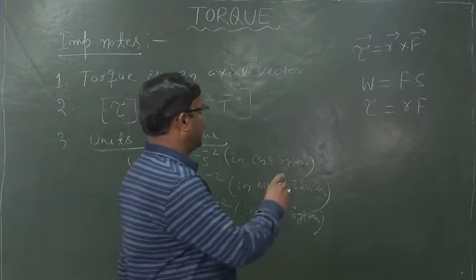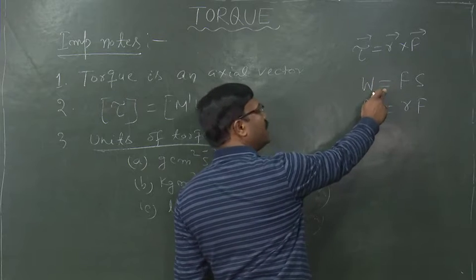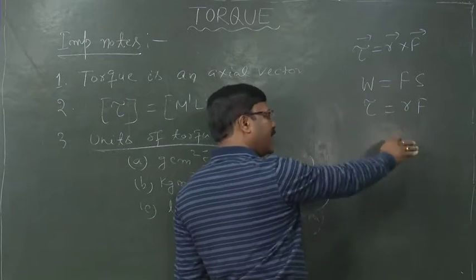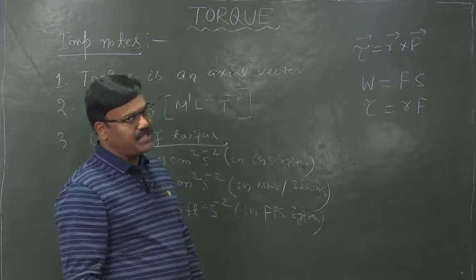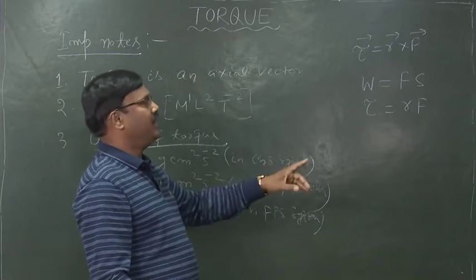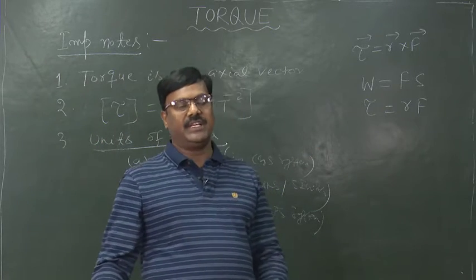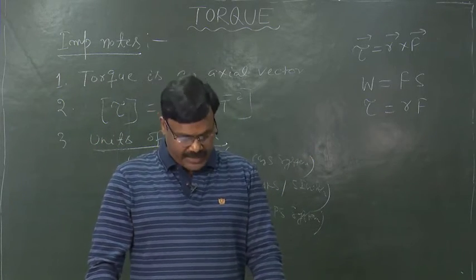We can write the SI unit of work as Newton into meter, and for torque also we write the SI unit as Newton into meter, but we cannot write joule in the case of torque, because it is a specially assigned SI unit for work and energy.